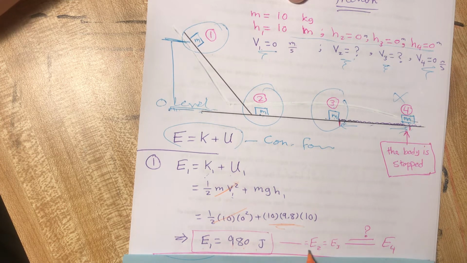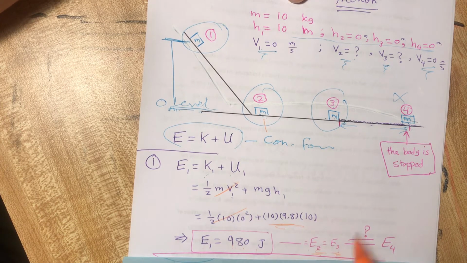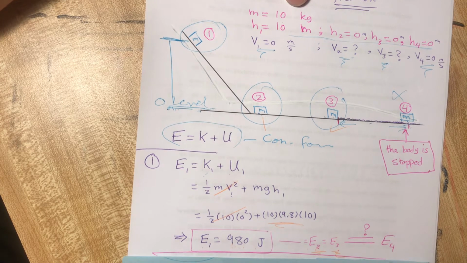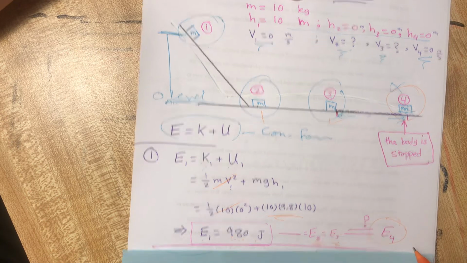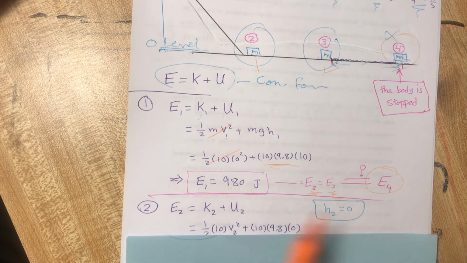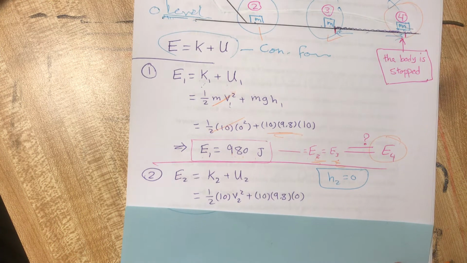This value will be equal to the mechanical energy at point number 2 and the mechanical energy at point number 3. But is it equal to the mechanical energy at this point? We will see that. At point number 2, now we need to find the mechanical energy using the kinetic energy formula and the potential energy formula.